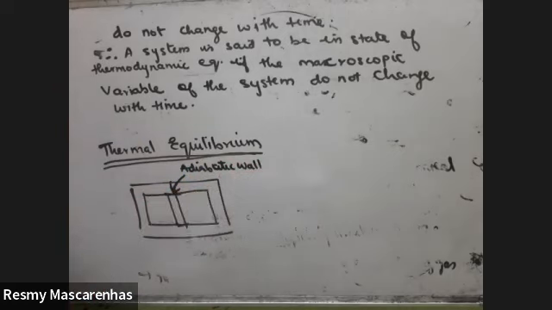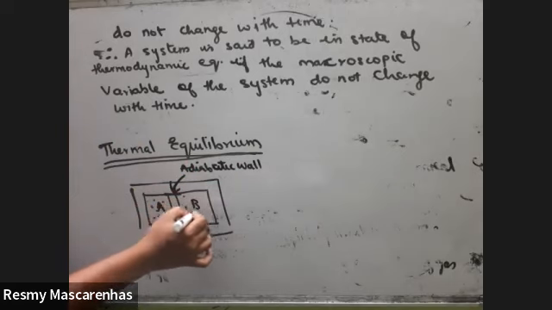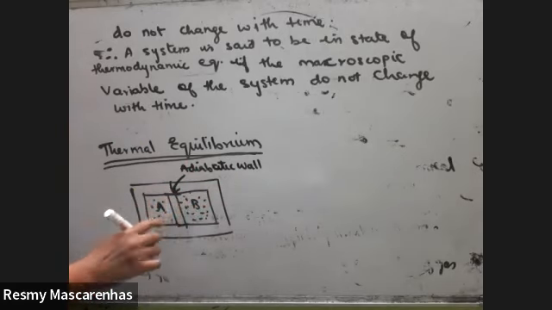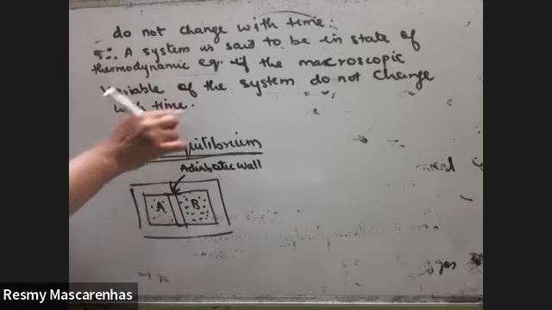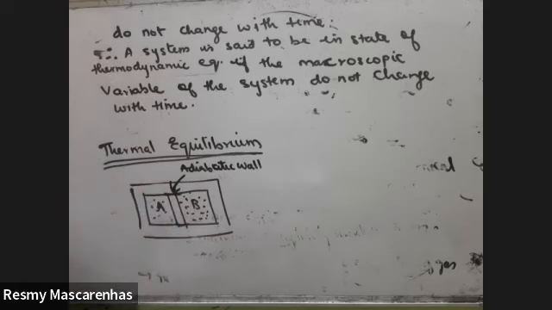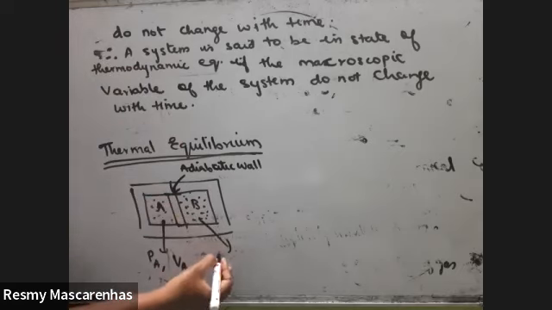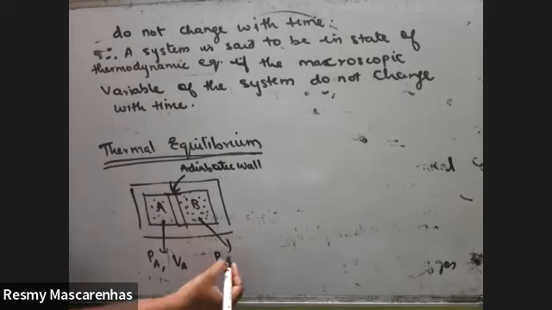They put some substance A in this, and they put some other, different substance B in this. This one has different macroscopic variables, and this one has different macroscopic variables. Meaning this one will have a different pressure, maybe PA now will represent it. This one will also have a different pressure, different volume.